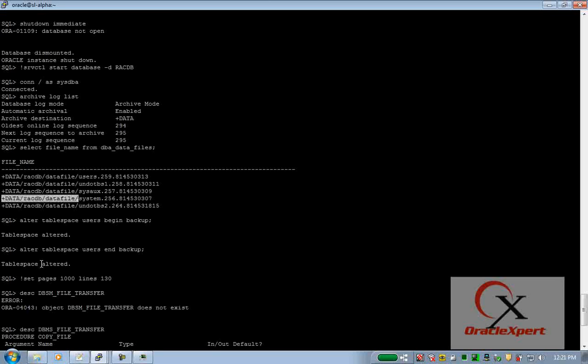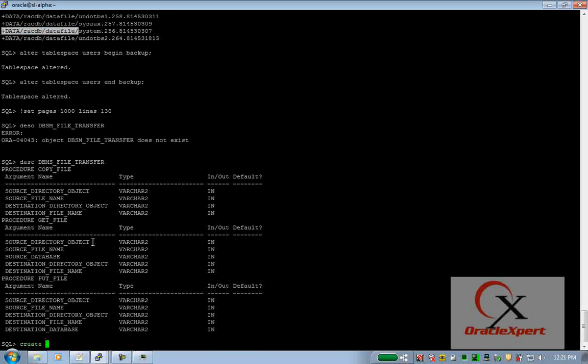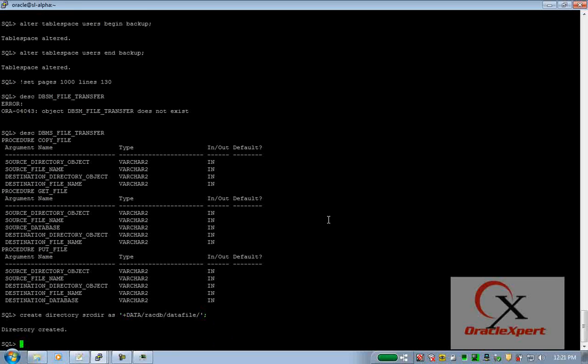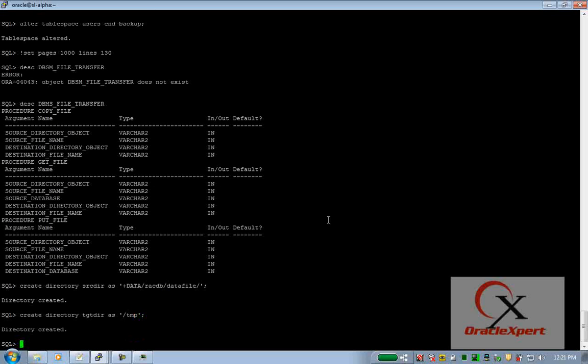This is my file. So I am saying create directory srcdir as whatever. Create directory tgtdir as /tmp. So now I have source and target directories.